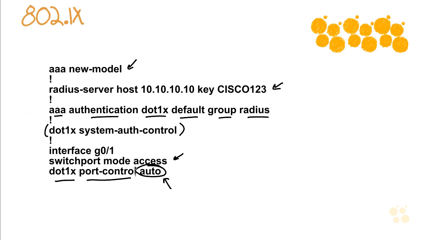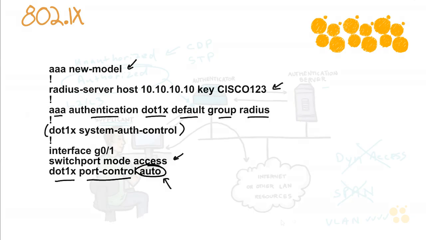You can use 2 other options here. You can force authorized, and that's literally the command, and this does what it sounds like it does. It lets everybody in. Or you can do a force unauthorized if temporarily you want to ensure that this port allows no supplicants into the network.